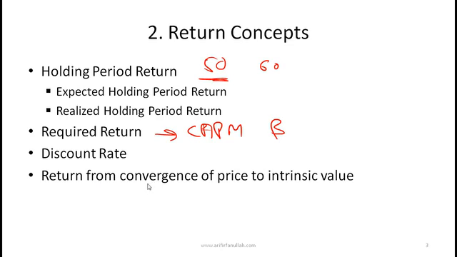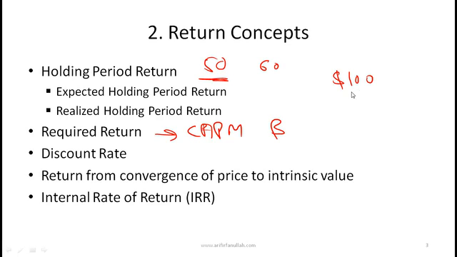There is a certain return that you get from the convergence of price to intrinsic value. What does this mean? Let's say that a given stock is currently trading at 100 and you think that the intrinsic value is 120.